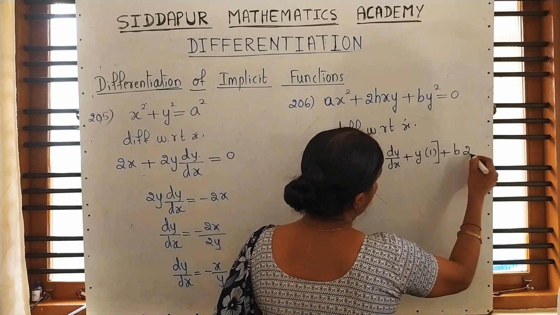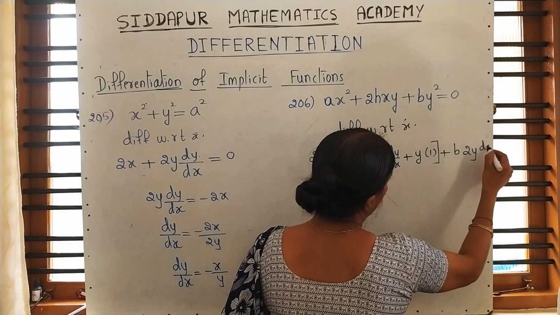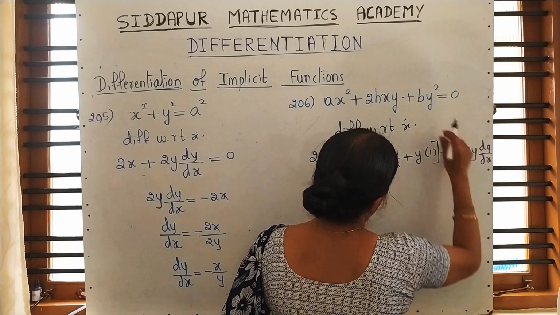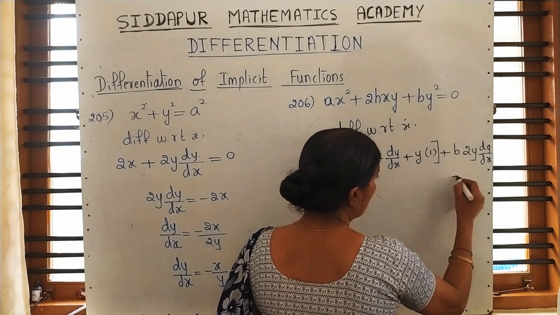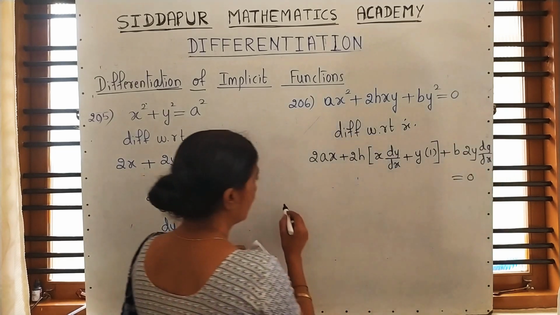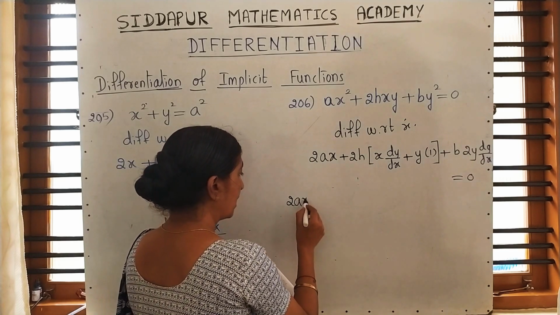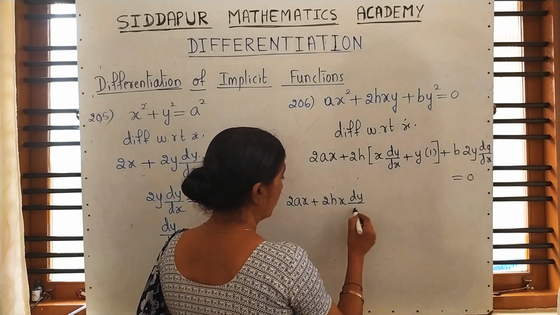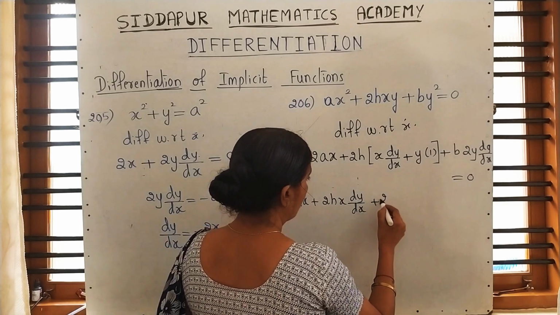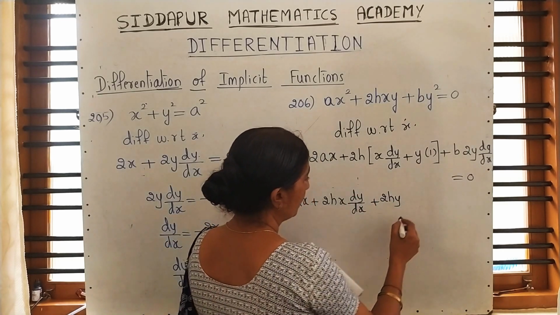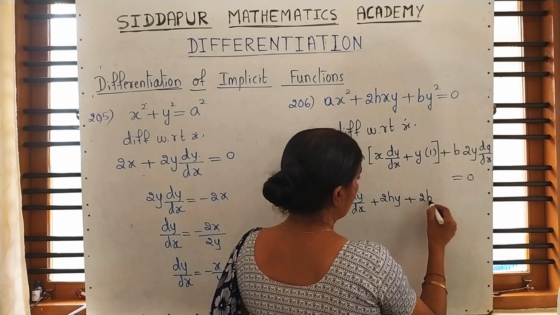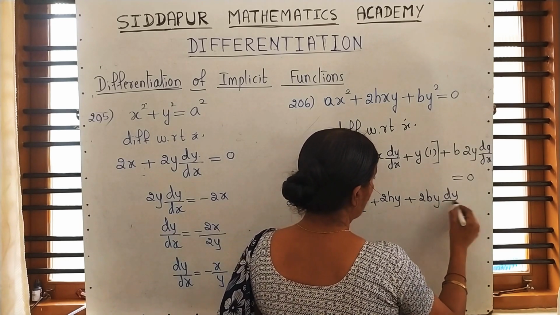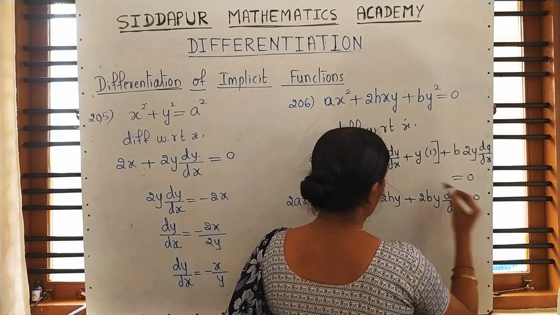Differentiation of y square is 2y into dy upon dx. 2ax, remove the bracket, 2hx into dy upon dx plus 2hy plus 2by into dy upon dx is equal to 0.